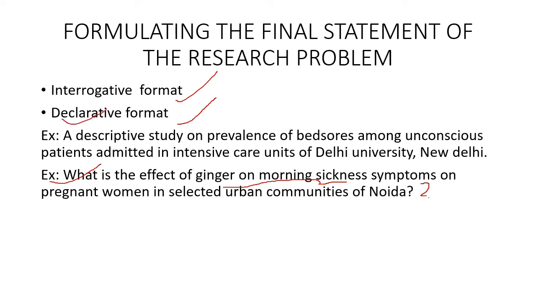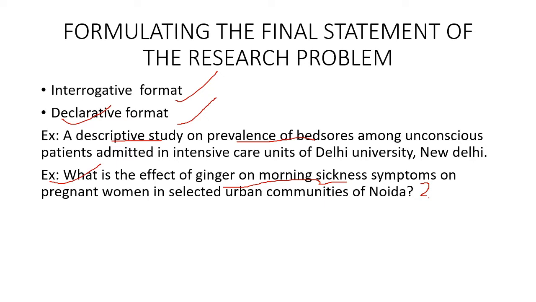Next, regarding the declarative format. In this, you write in a declarative way. You have to write in such a way that it shows the study type, the topic, the population, the setting, everything you are going to include.